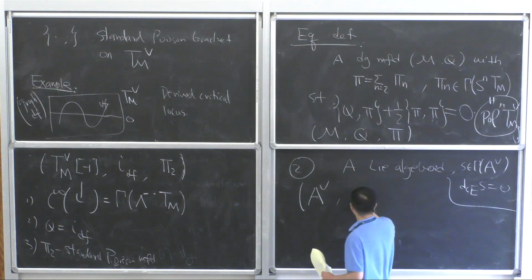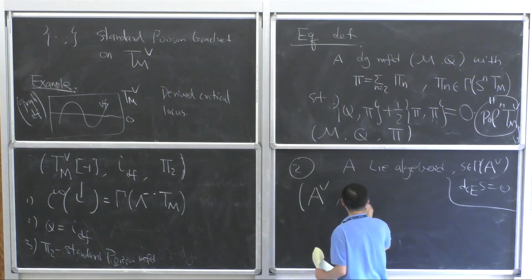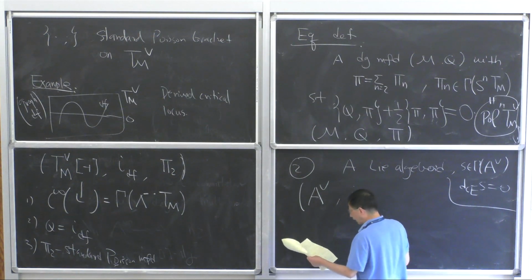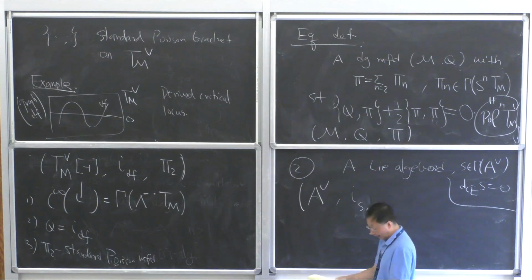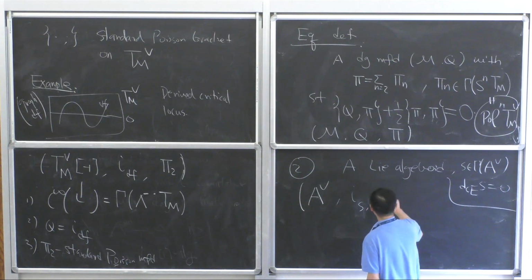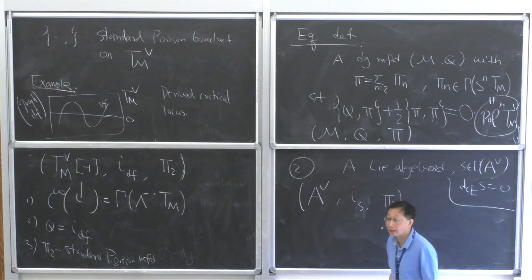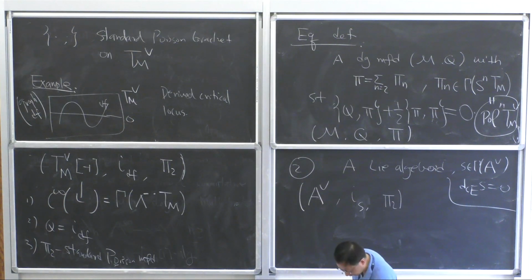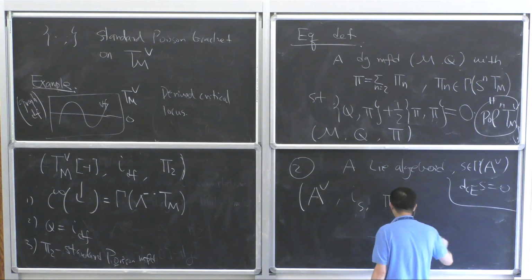Here you also have a standard bracket, the same thing, the Schouten bracket, which gives this pi 2 here. And this is another example. This basically will be a derived intersection.